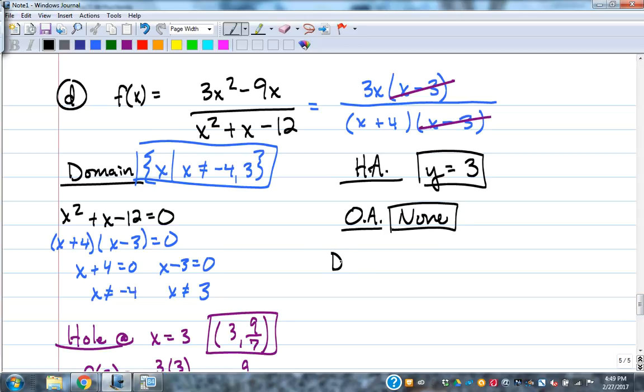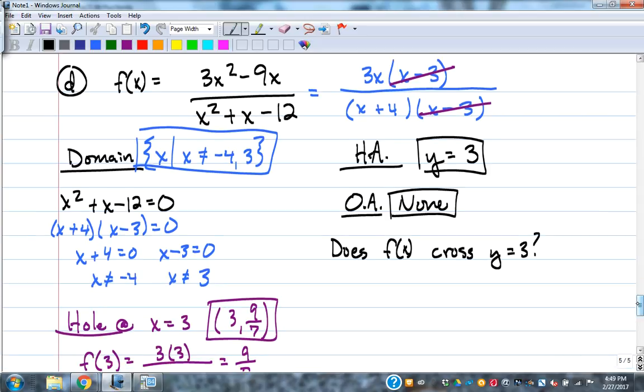Does it cross? How do we find that? Yeah, put the problem equal to 3. It's equal to a number here.